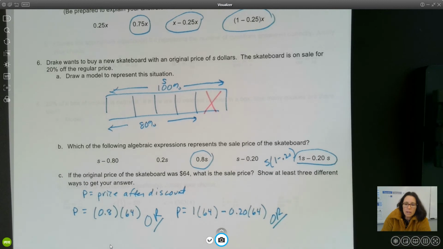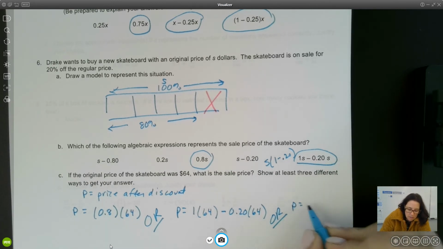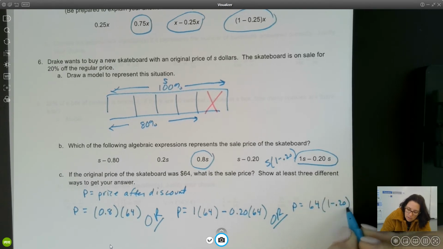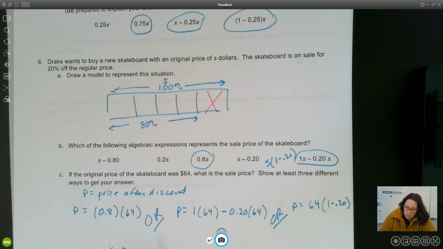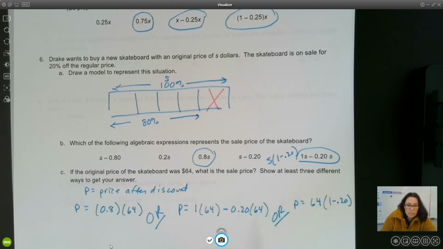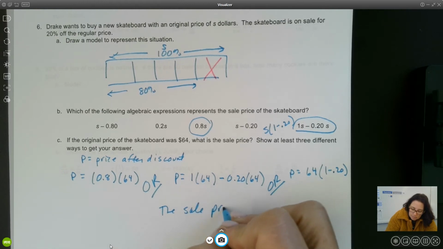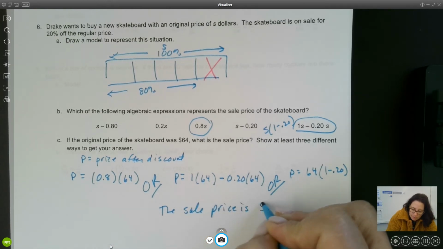That was the other way that we had. So we're going to use that way here. All right, if you calculate any one of those 3, you would end up with the sale price is $51.20.